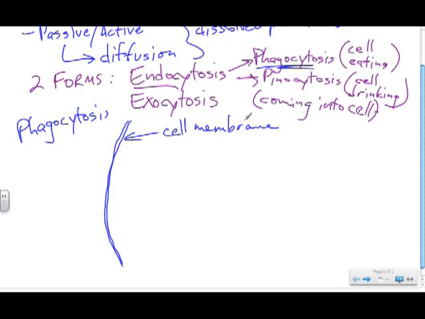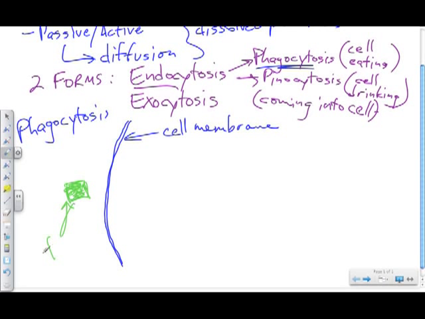Now, with this cell membrane, we have some kind of food particle. So here's a food particle outside, let's say food for the cell.